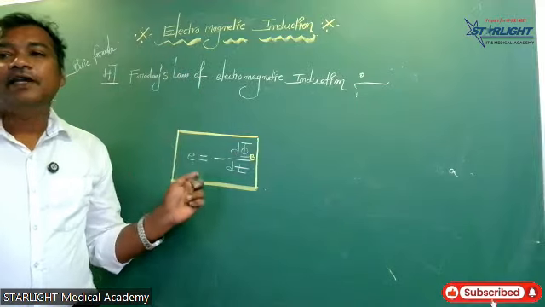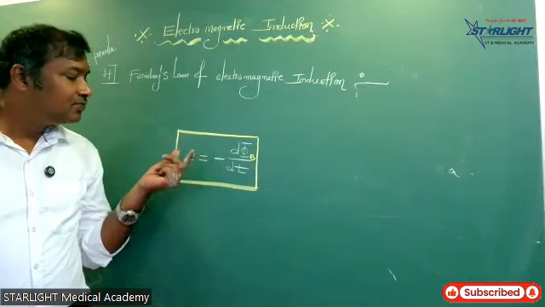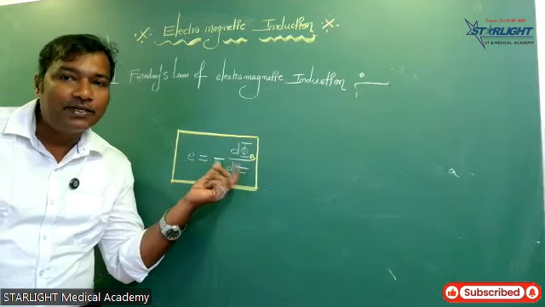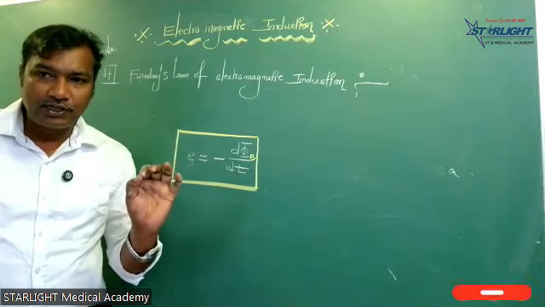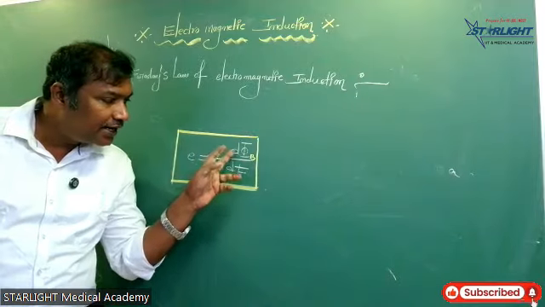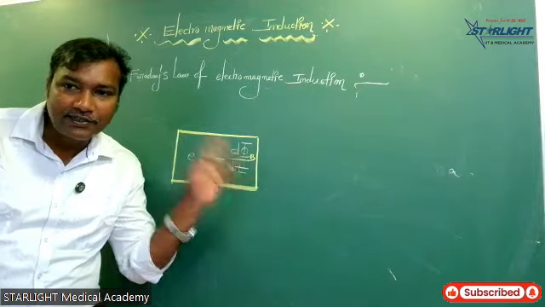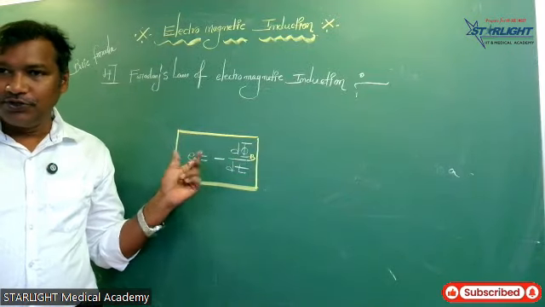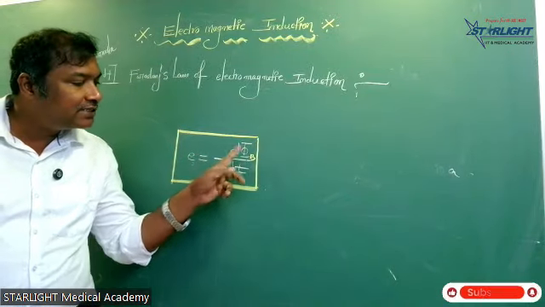According to Faraday's law of electromagnetic induction, the induced EMF is equal to rate of change of flux. The EMF induced in the coil is equal to rate of change of magnetic flux. Okay? Induced EMF E is equal to minus dφ/dt.